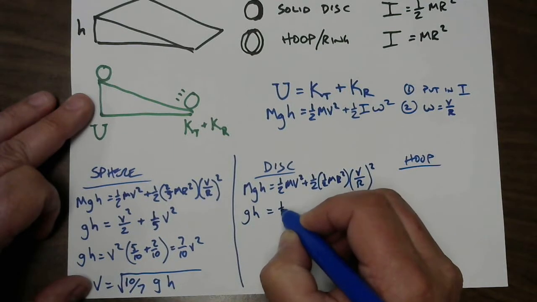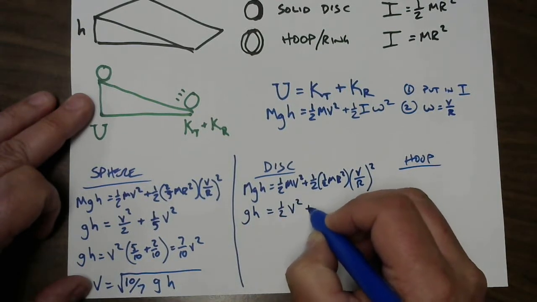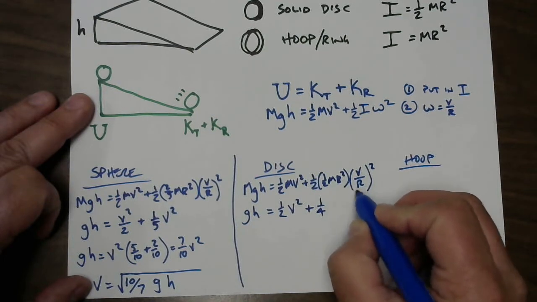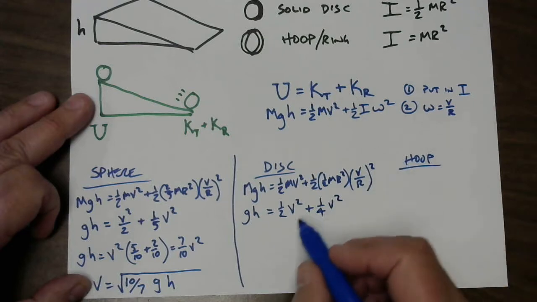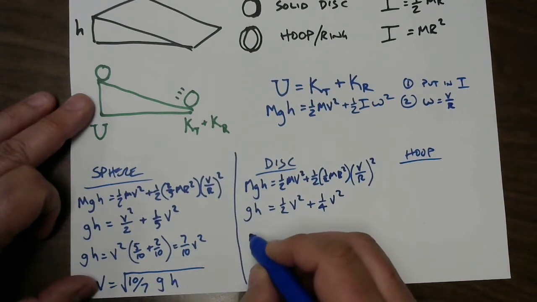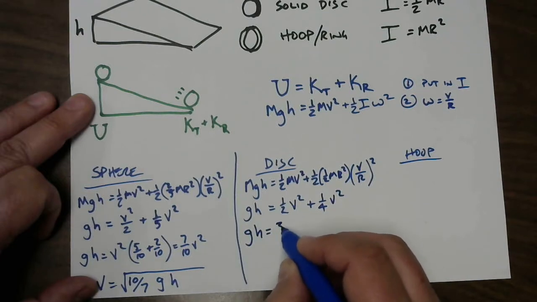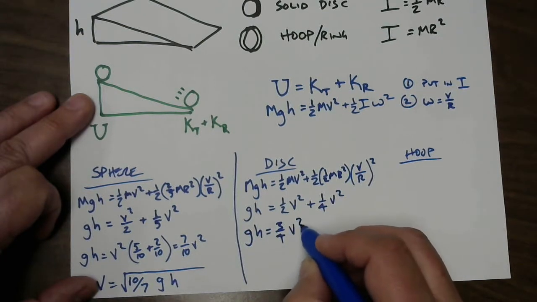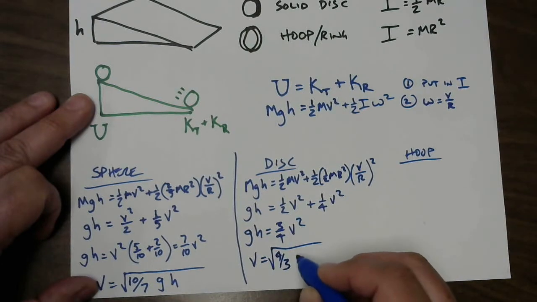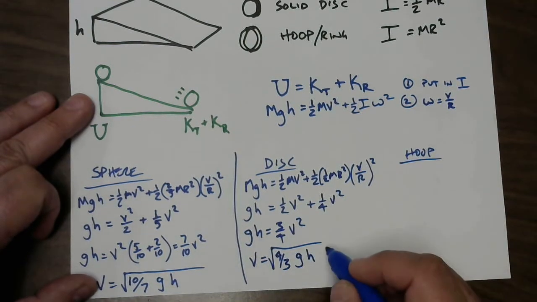On this side, we have 1/2 v squared plus, now 1/2 of 1/2 is 1/4, and the r squareds cancel again, and v squared. So 1/2 plus 1/4 is 2/4 plus 1/4, or 3/4. So gh equals 3/4 v squared, and v is going to be the square root of 4/3 gh.